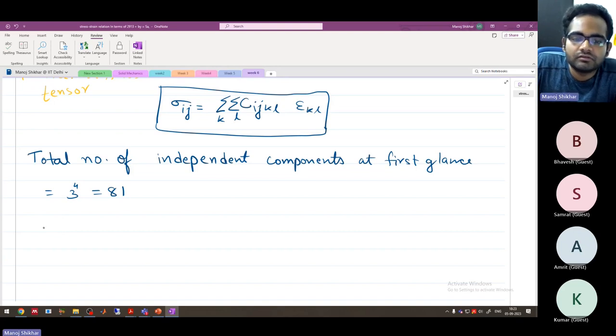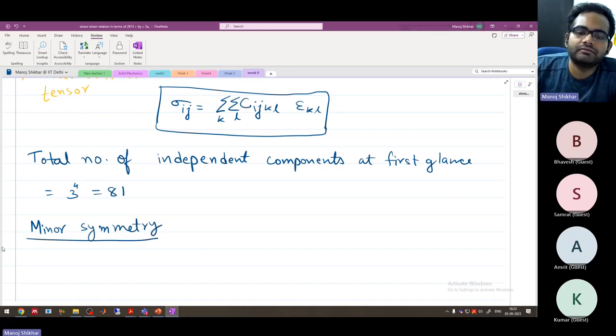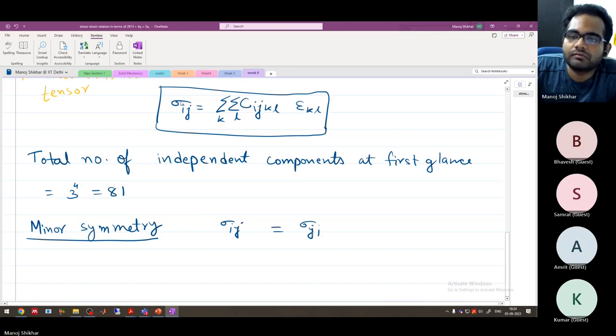For example, there are two different kinds of symmetries we will talk about. The first one is minor symmetry. In minor symmetry, what happens? We know that sigma ij is equal to sigma ji. So if I replace sigma ij by sigma ji, the same thing will happen here also.